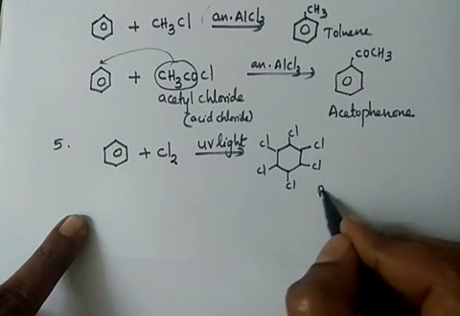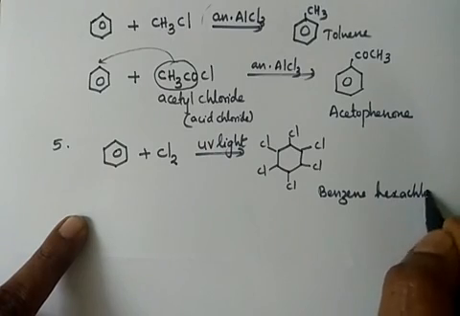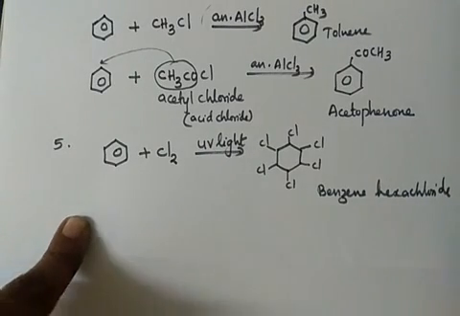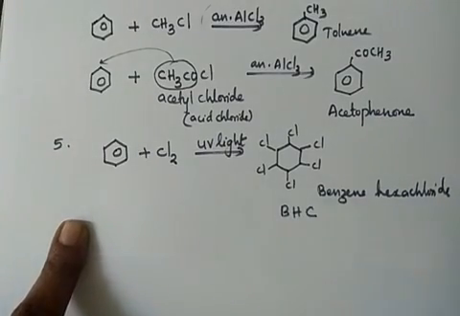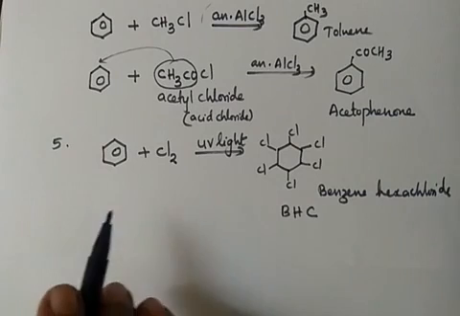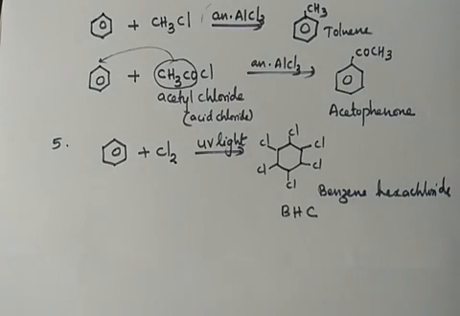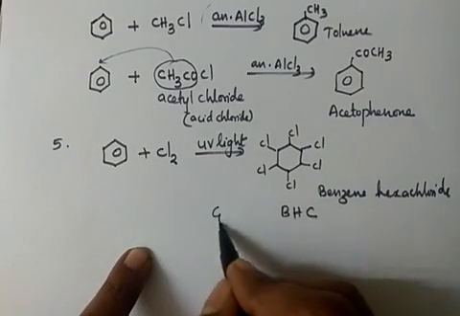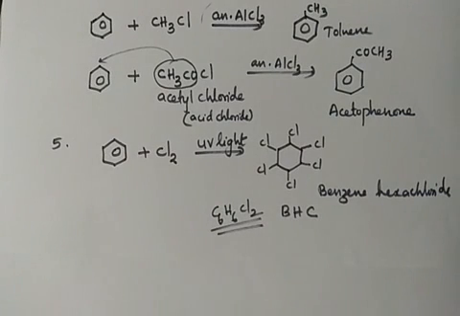Hydrogen atoms are substituted by halogen. Benzene hexachloride is formed when benzene is chlorinated in presence of ultraviolet light. The formula of this is C6H6Cl6, benzene hexachloride. So these are the reactions of benzene. Study all these reactions of benzene. Thank you.